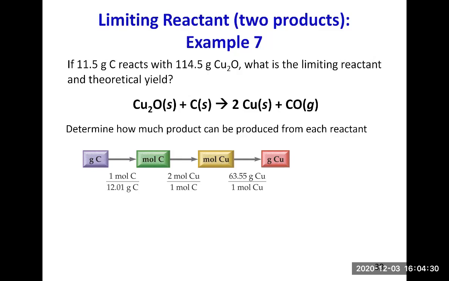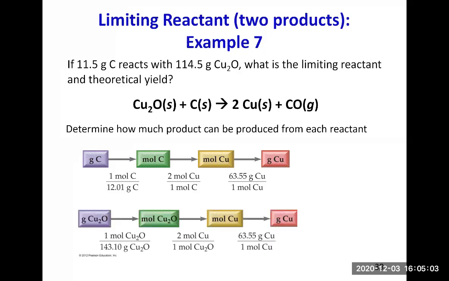So the first step is to convert grams of carbon to moles of carbon using the molar mass of carbon. Then from the moles of carbon, using the coefficient of the equation that says 1 mole of carbon makes 2 moles of copper, you will change the moles of carbon to moles of copper. And then after that, you can change the moles of copper produced into grams of copper using the molar mass of copper. Same thing you will need to do with the mass of the other reactant.